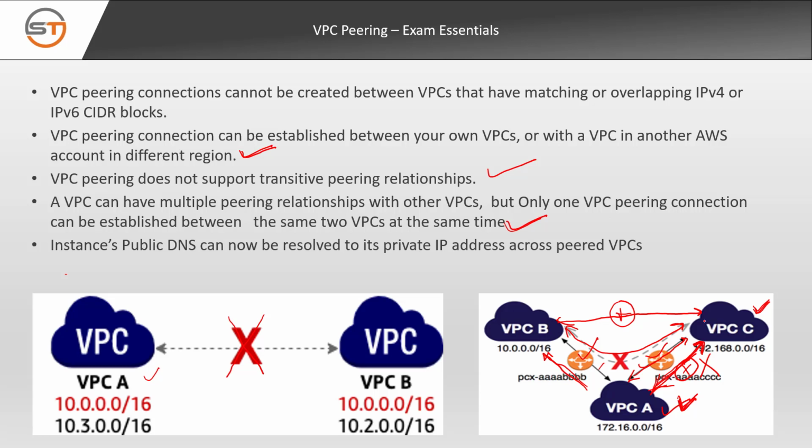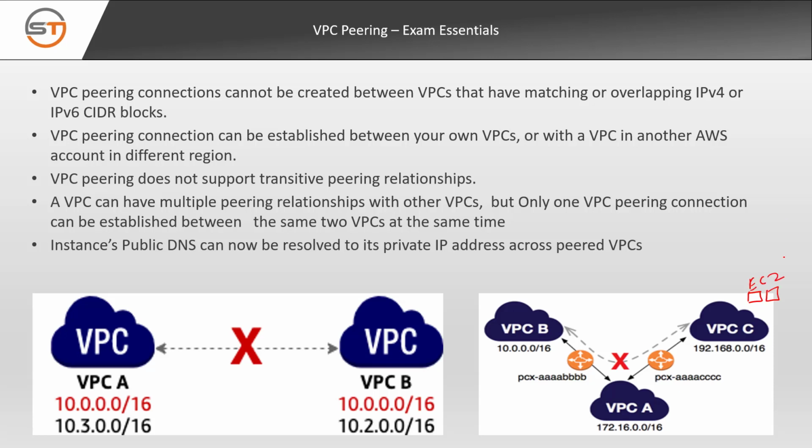Next is, instance public DNS can now be resolved to its private IP address across peer VPCs. Say suppose VPC C has some EC2 instances. Can we query the DNS names of these EC2 instances in VPC C from VPC A through the peered connection?